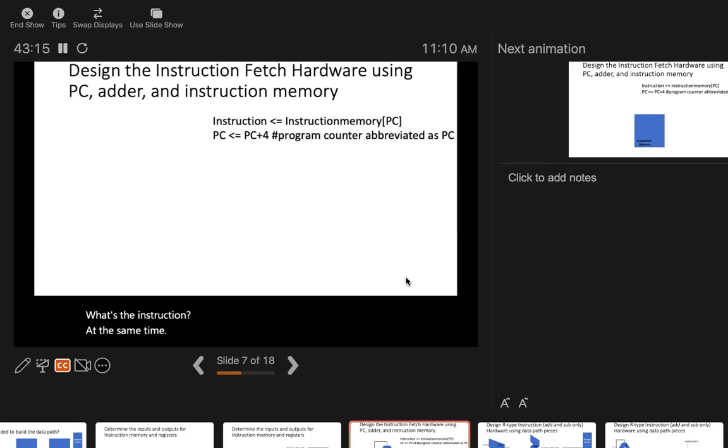Do we need an ALU, or can we do it without an ALU? ALU is a clunky unit. All you need to do is PC plus 4. Yes. So okay, let's see what's happening.